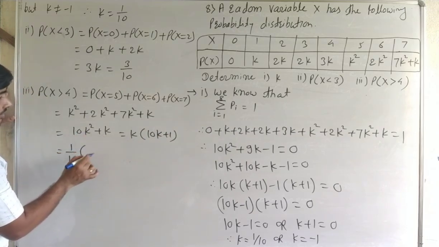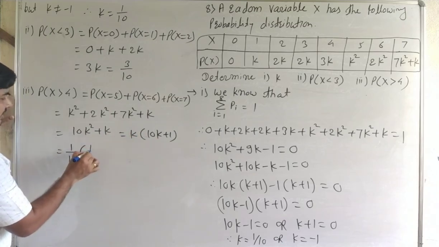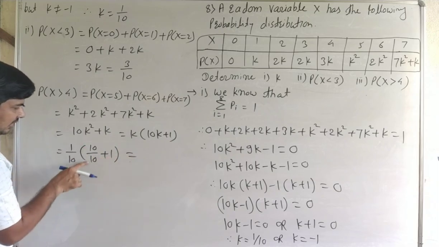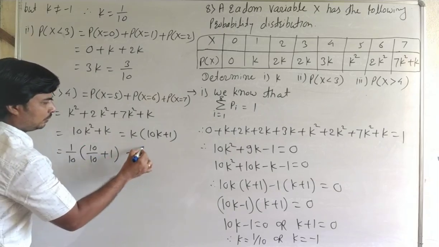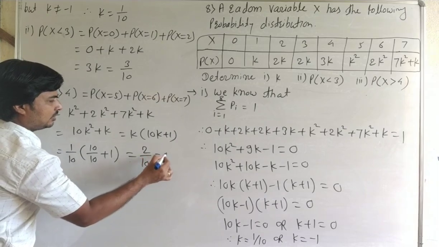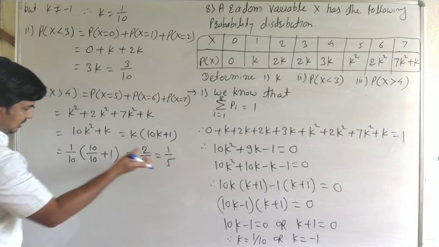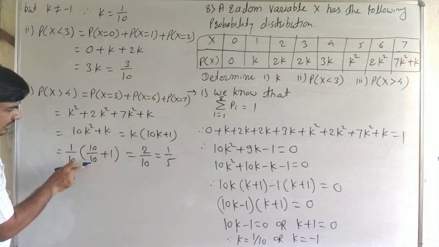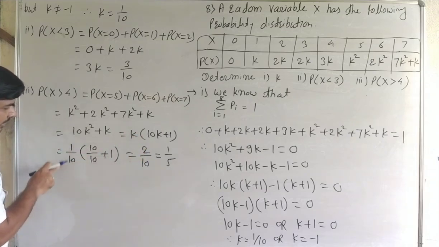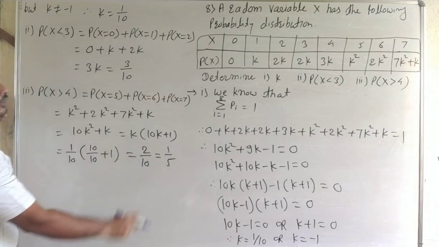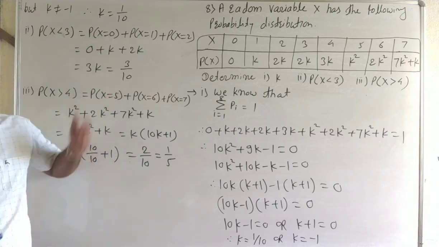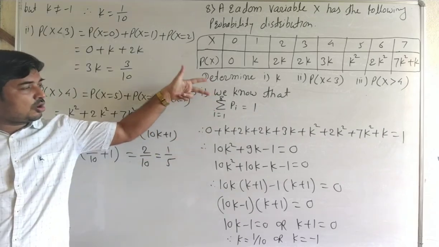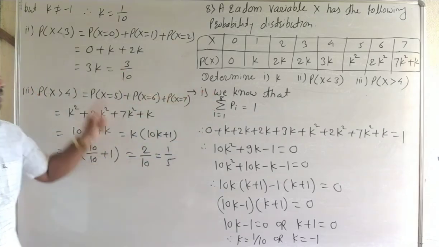Then 10k is 10 upon 10, plus 1, which is 1 plus 1, it is 2, and then 2 by 10, that means 1 by 5. See carefully, this is the cumulative distribution function. Here first we use the probability mass function, the addition of all probabilities is equal to 1. See carefully the calculation.